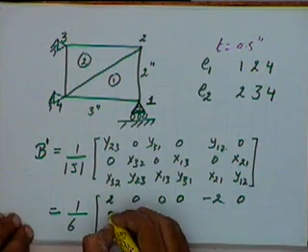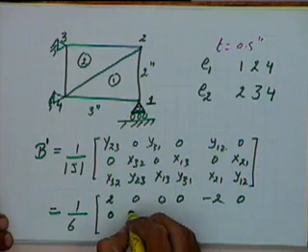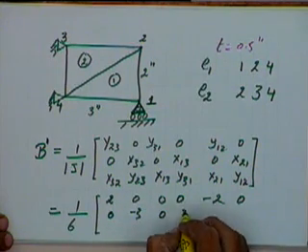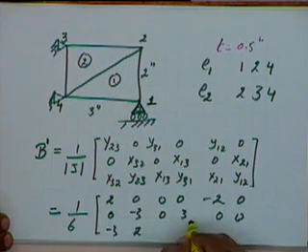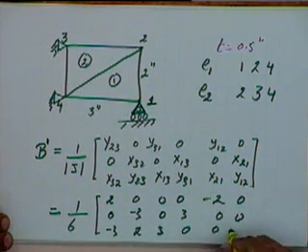Okay, and here I will get 0, minus 3, 0, 3, 0, 0, and then here I will get minus 3, 2, 3, 0, 0, minus 2.